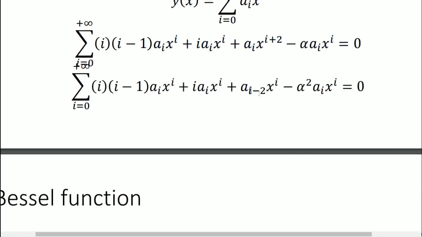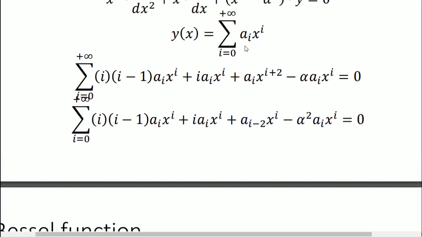You can notice that a_{i-2} is not properly defined. I assume that we define it for 0 and values over 0, and when it's negative, it's just 0 because it cancels out, and because it's kind of cool for writing.